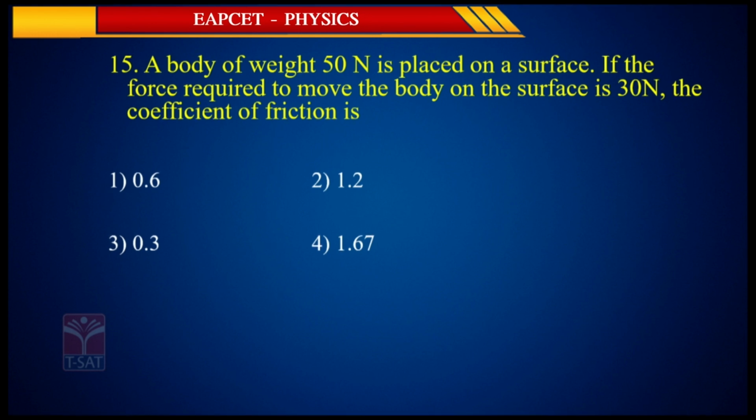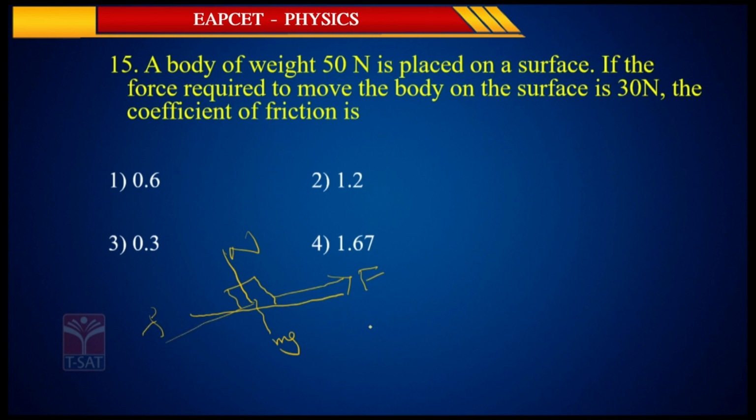See children, suppose this is a table, and on the table one block is there. On that block, the mg force acts straight downward and the normal reaction force acts upward. Here we are applying the force F, and acting in the opposite direction is the frictional force.